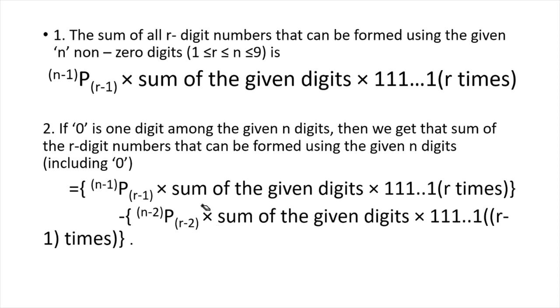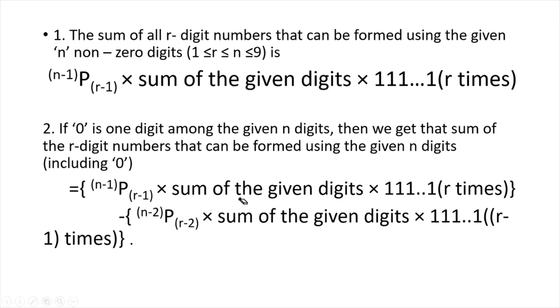I repeat, an R-digit number starting with 0 is the same as an R minus 1 digit number. So we are indirectly counting these extra terms, and we have to remove them whenever 0 is there. So whenever 0 is there in the given digits, you have to be a little bit careful.